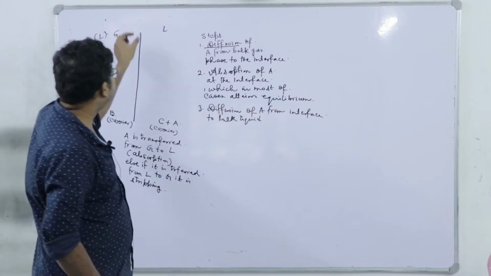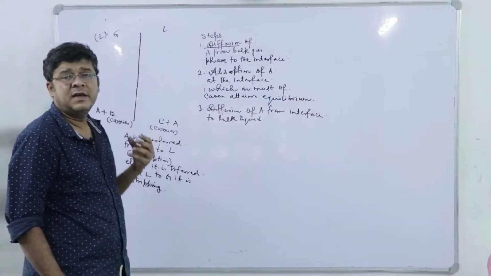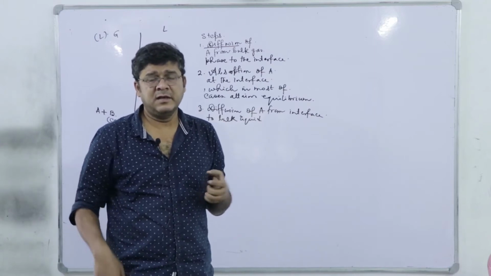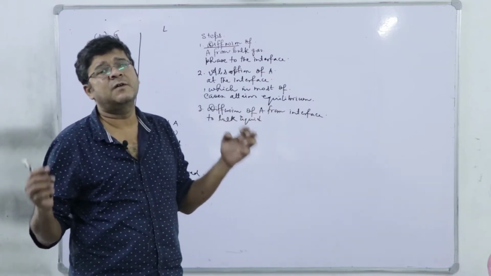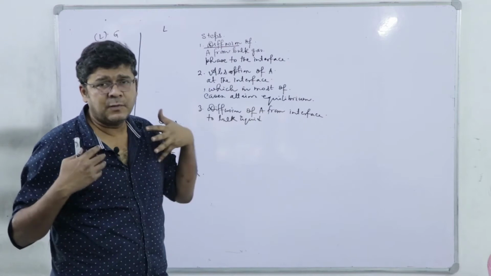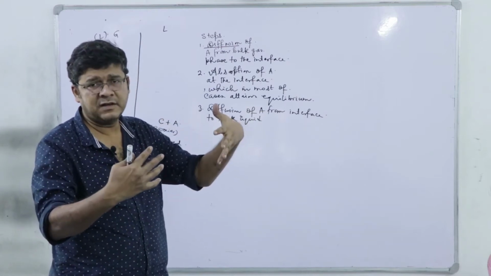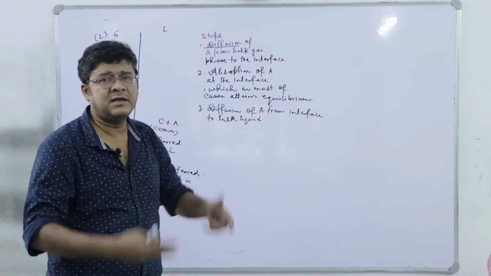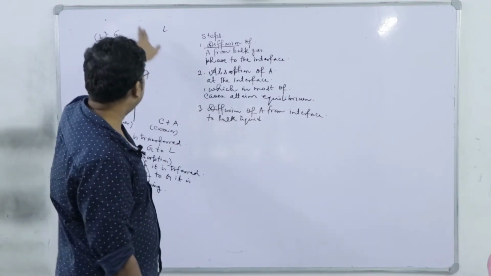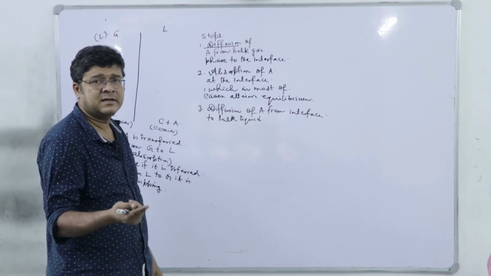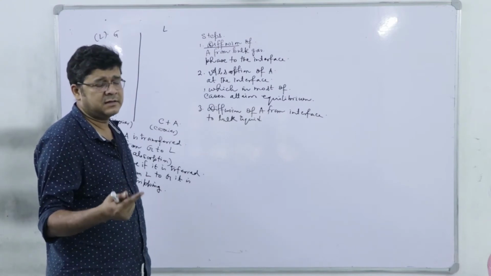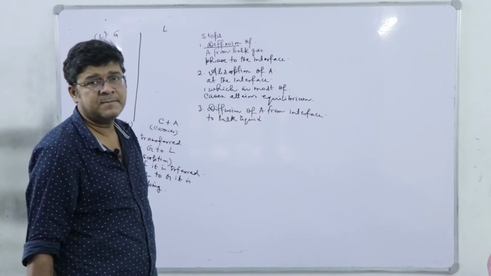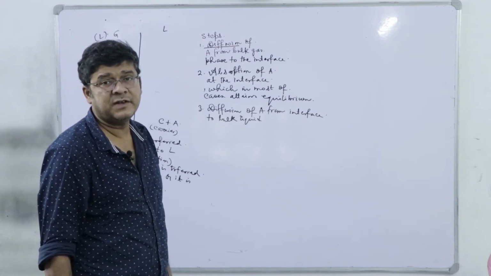Why? Because the interface is theoretically a layer which is 2 to 3 molecules thick, so its holding capacity for A is pretty small. Once A reaches this interface with a definite finite concentration, it immediately saturates the interface and attains equilibrium immediately, unless there is some interfacial resistance.